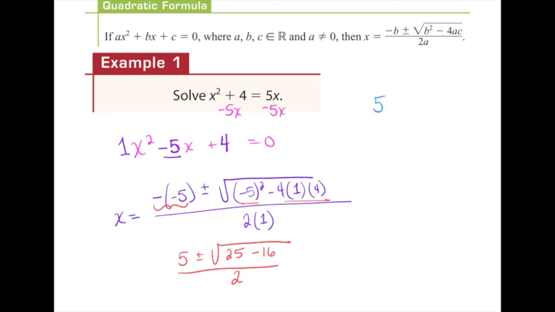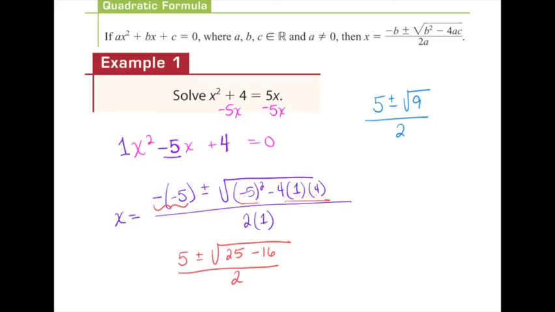So I have 5 plus or minus the square root of 25 minus 16, which is 9, all over 2. This actually works out. Hopefully, you could see that this one is factorable. Negative 1 and negative 4 would have been the factors there. This is actually one I would not use the quadratic formula for, but they're just showing you that it works even for those that you could factor.